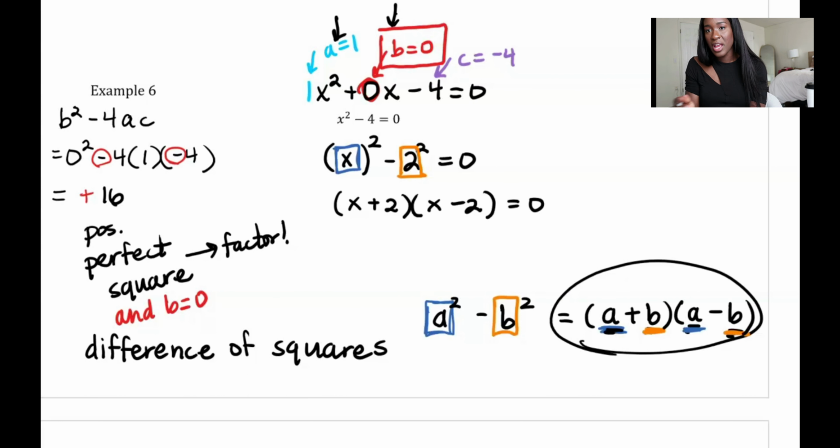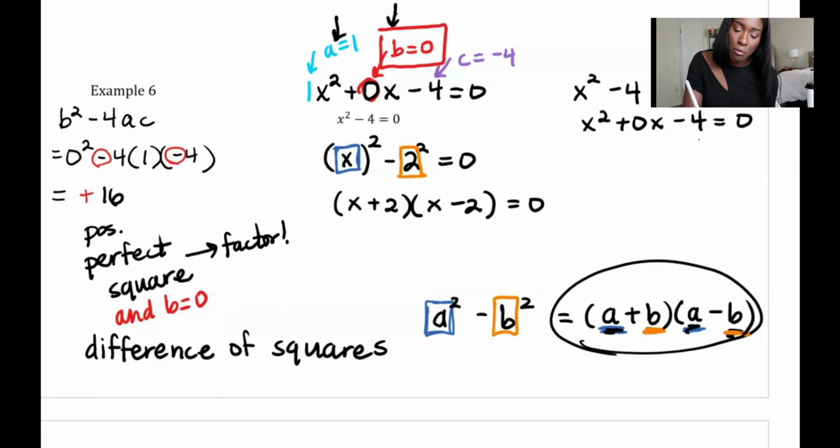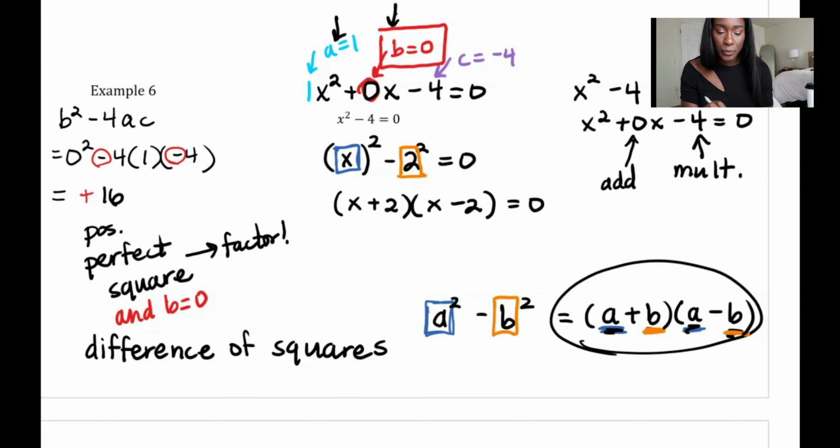And so it's factored. If you didn't like my difference of squares demonstration, play the same game that we've been playing with factoring. You're looking for two numbers that multiply to -4 and add up to 0. That's -2 and +2.